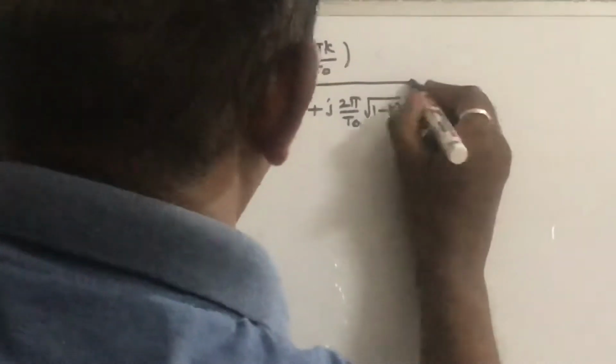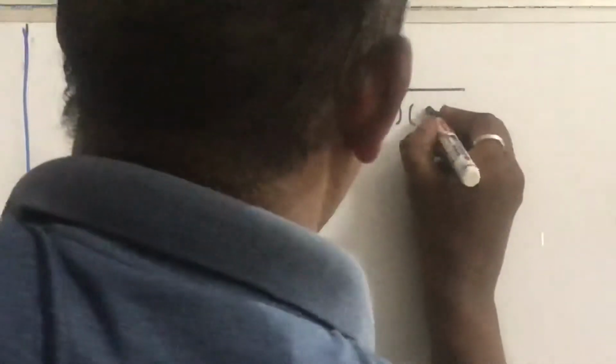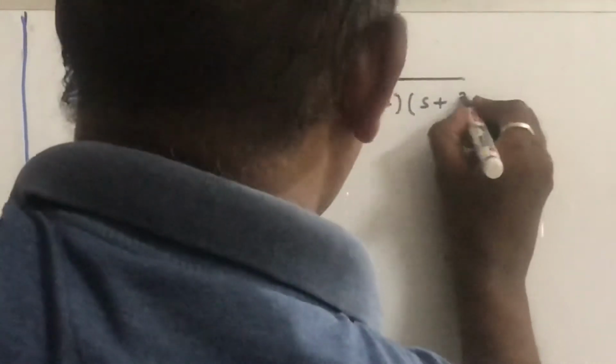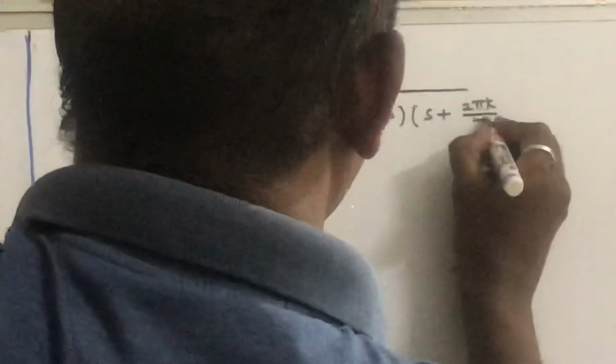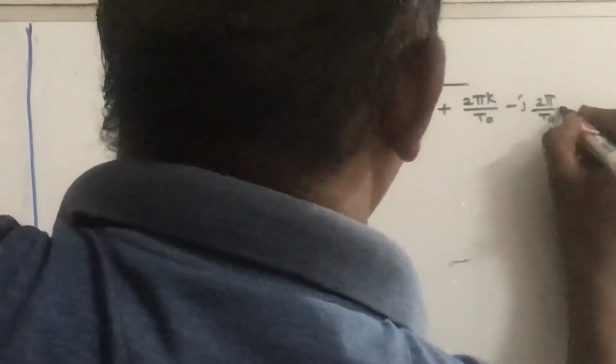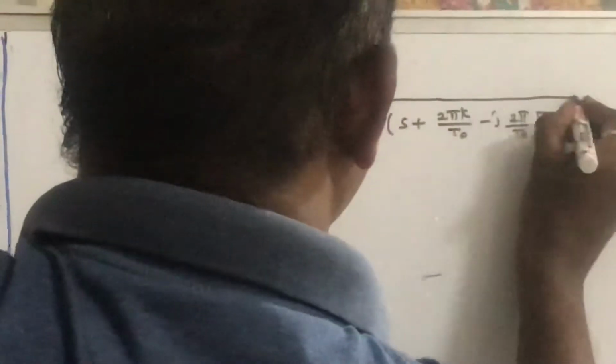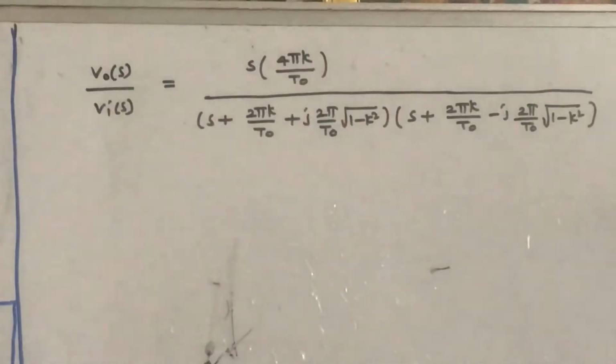This is the first root. The second root is S plus 2 pi k by t naught minus j 2 pi by t naught into square root of 1 minus k square. That is how we write these complex conjugate roots in the denominator.